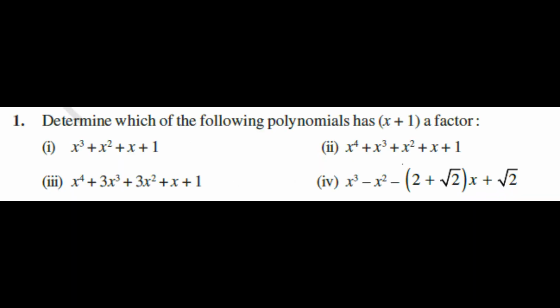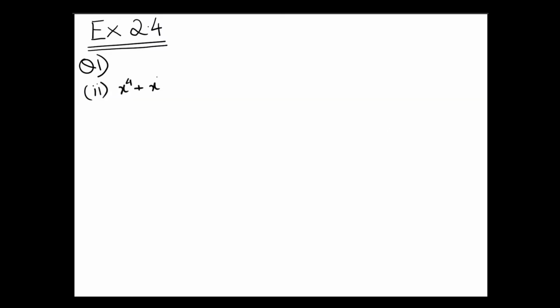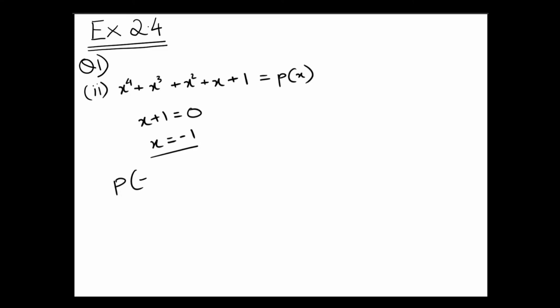The second part of this question is x to the power 4 plus x cube plus x square plus x plus 1. Now I'll call this polynomial p of x. Again, since we need to check whether x plus 1 is a factor, the 0 of this is x equal to minus 1, and hence we're going to calculate p of minus 1 for this case.